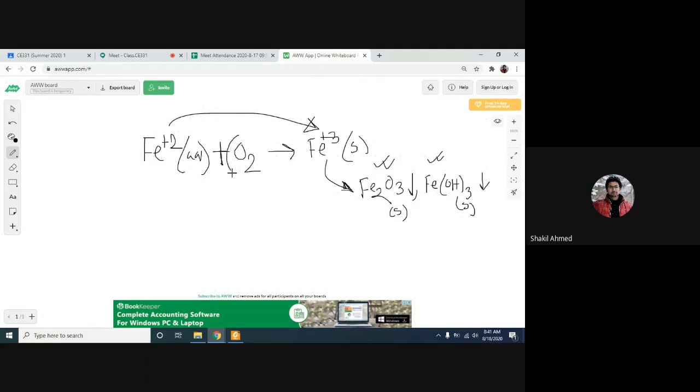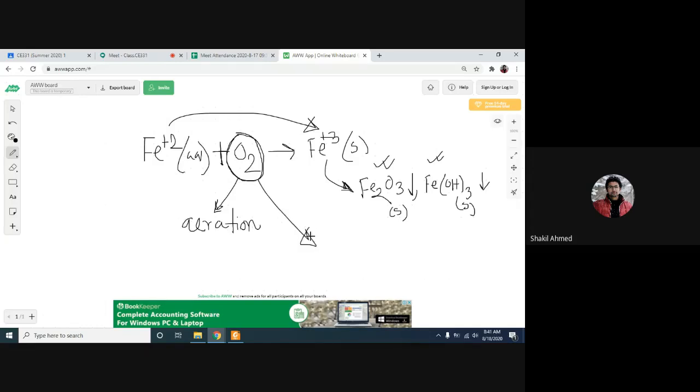Now, this oxidation can be performed in a multitude of ways. One is aeration. We already discussed what aeration is. By mixing air, and air has oxygen in it, oxygen will mix with ferrous iron and oxidize it.